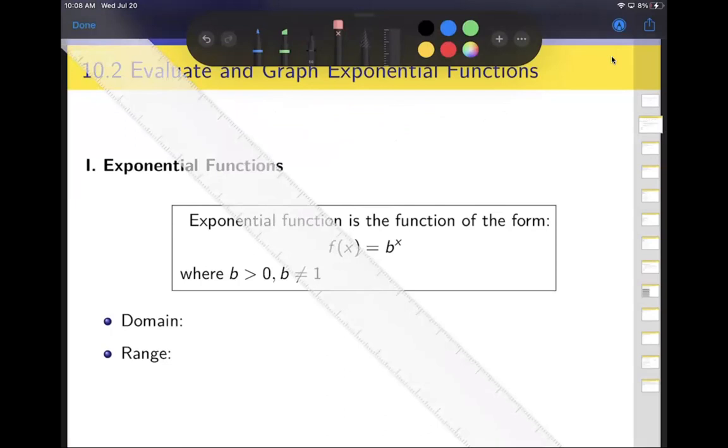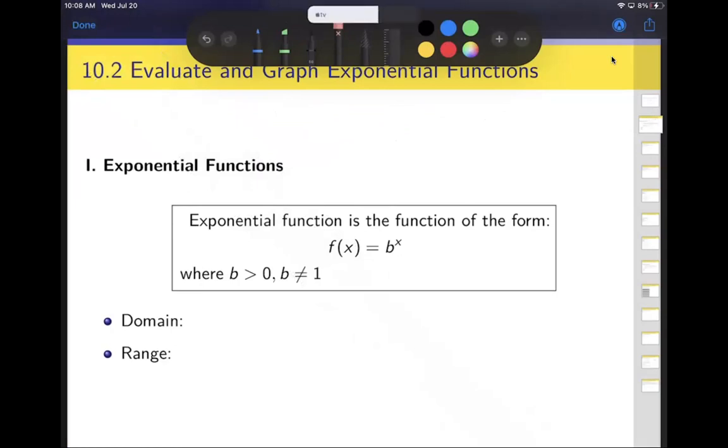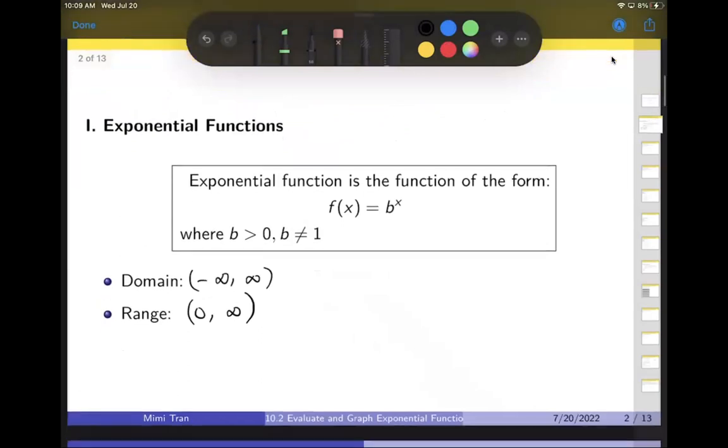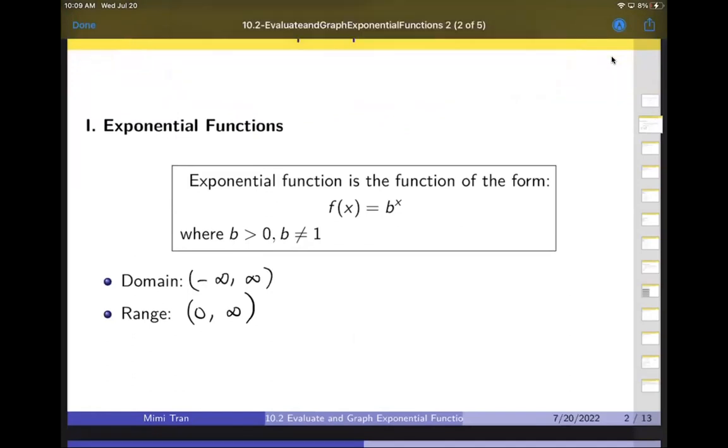Now, for the domain of the exponential function, the domain will go from negative infinity to positive infinity, and the range goes from 0 to infinity. Of course, it does not include 0, right? We'll take a look at the graph later to double check the domain and the range.